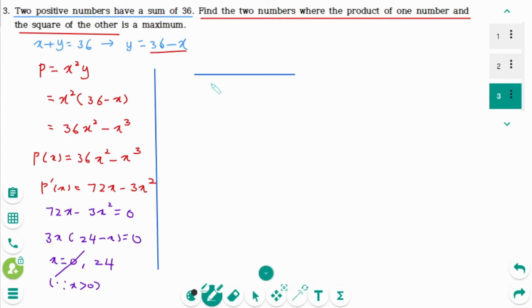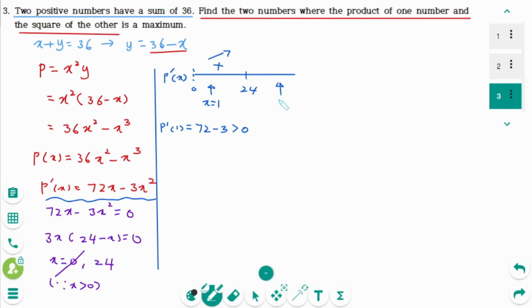And the number line is greater than 0. P prime of x, the number is 24. When the testing number is 1, then p prime of 1 equals 72 minus 3, which is greater than 0.